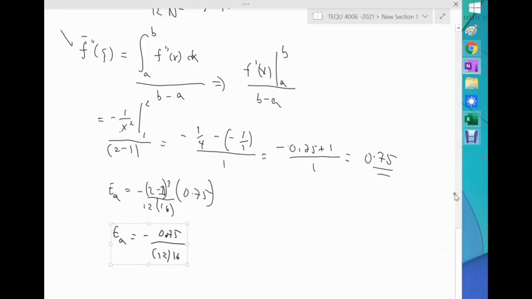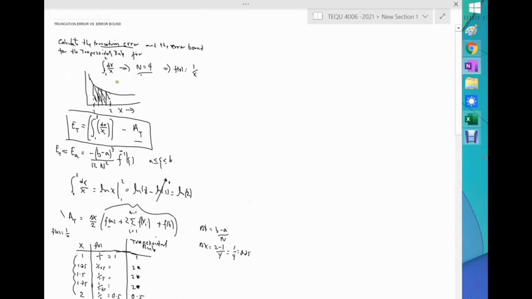In this exercise, basically, the n value was given, n equals 4, and as a summary, we did the maximum error bound, we did the error for truncation error, and we also did the approximation of the truncation error using a formula, and we noticed how close we were between these two.